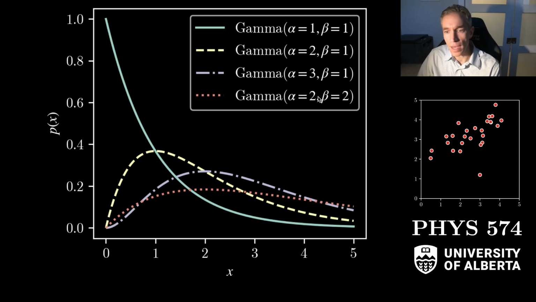So the larger the beta, the more it's stretched out along the horizontal axis. And then the different powers of the alpha determine the rise of that function. So that gives us our general shape of what this distribution looks like. And indeed, this kind of looks like a Poisson distribution.